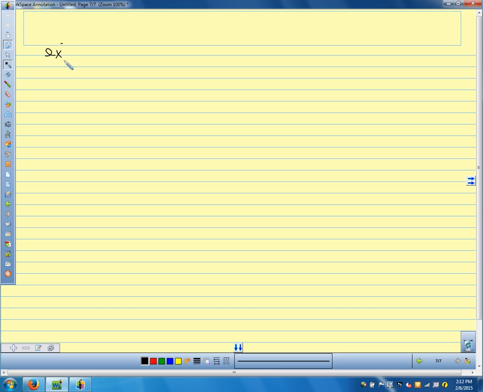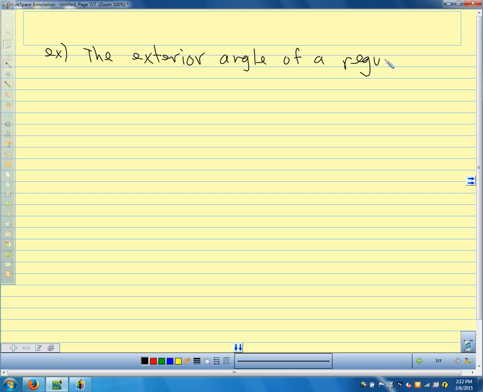All right, the exterior angle is 30 degrees. How many sides? So it says the exterior angle.